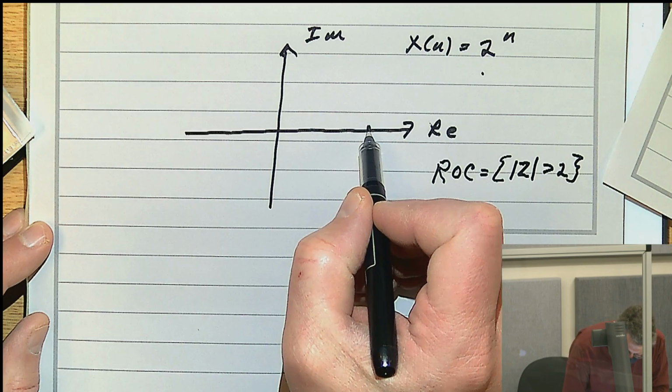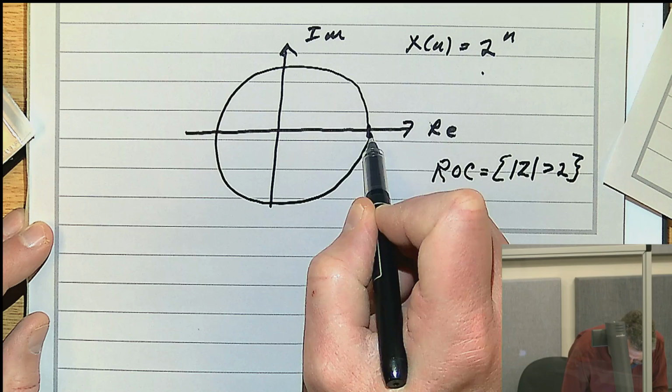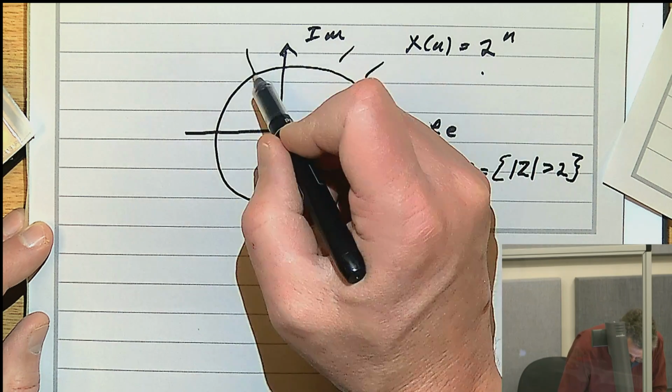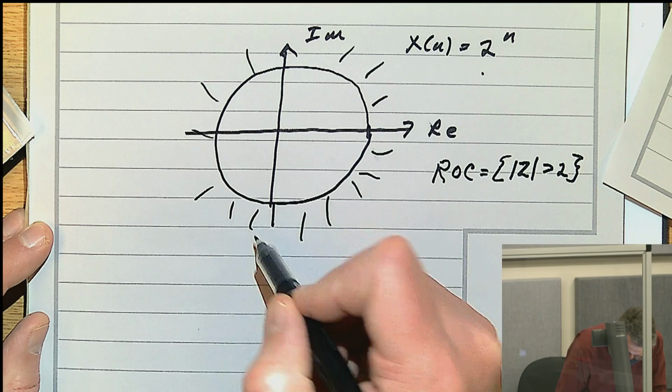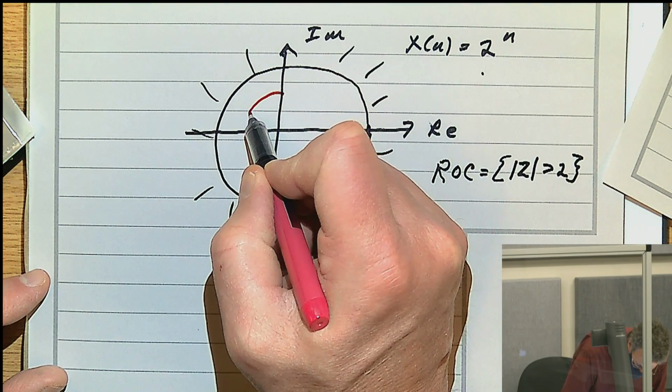I've made this mistake before in the past. So this is the region of convergence, and this is the unit circle. I flipped them.